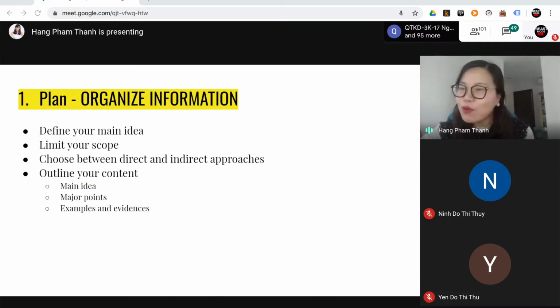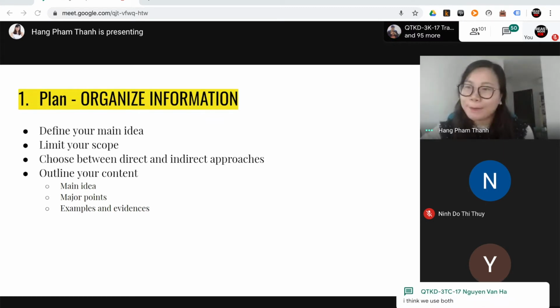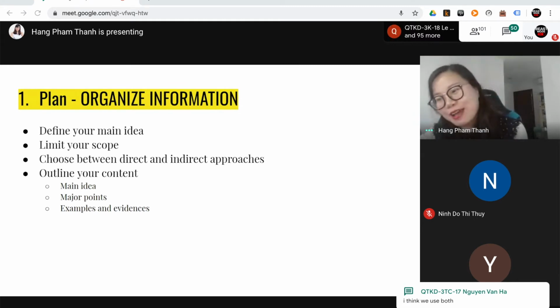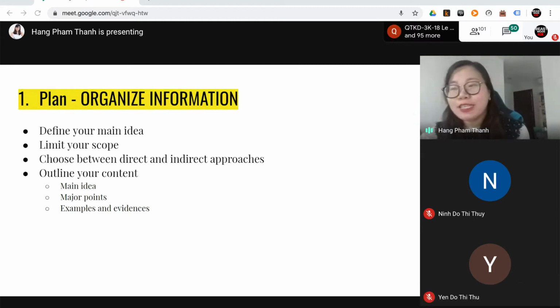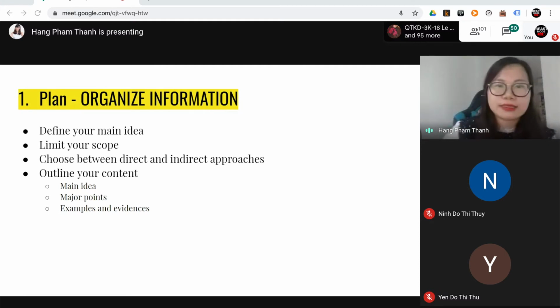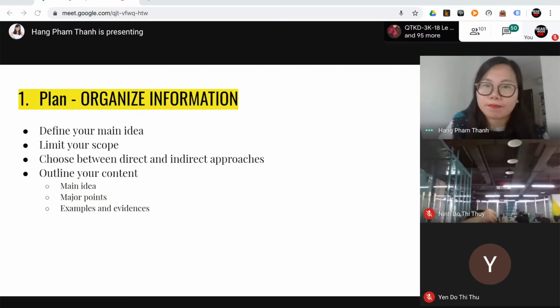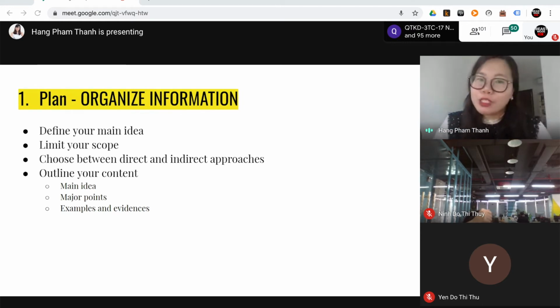Okay, so everyone thinks that we kind of use the indirect approach more, right? I think we use both. Okay, thank you, Ha, for your idea. But what is the difference? What is direct and indirect? So if we use the direct approach, where should the main idea be?